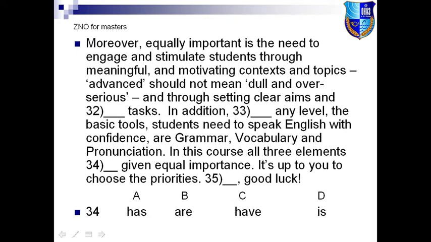It means that I or somebody else, you or your teachers, they will give you some knowledge about these three elements. These elements cannot come up to you and give something to you. That's why we need the passive voice here. Okay, and the last one we have, it's up to you to choose the priorities.